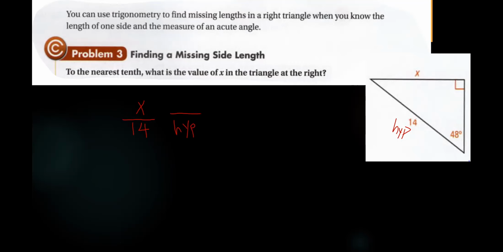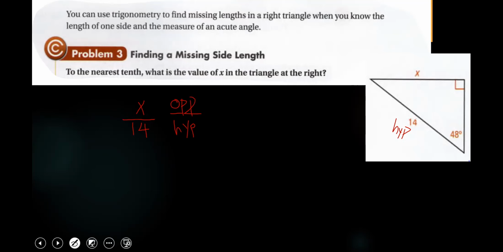Now, what is the relation between x and 48? Is the side x opposite to 48 or adjacent to 48? Opposite, bravo. So we know that x is opposite to 48.